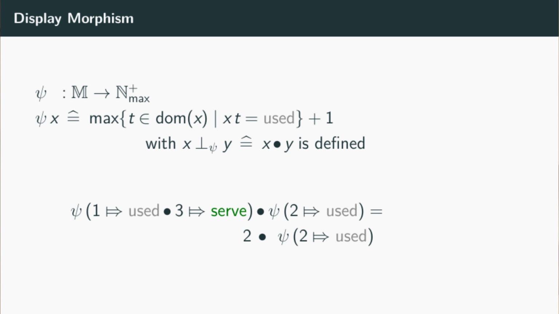Out of the first map, psi computes 2. Out of the second one, psi computes 3. Since 2 join 3 happens in the PCM of natural numbers under maximum, the result is 3. This is the same value as psi computes over join of the two maps.